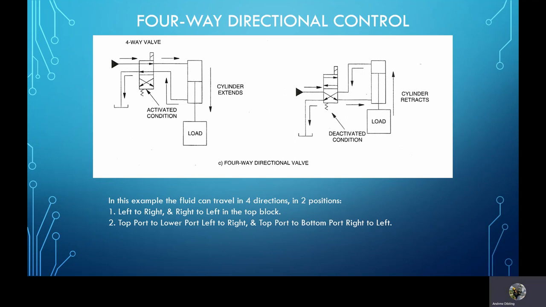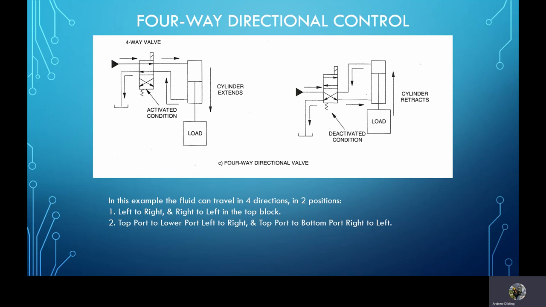Now going to the right-hand diagram, we see that in this case, the fluid is pressurized from the bottom block and goes from the top left of that bottom block to the bottom right of that bottom block and charges up the rod end, retracting that cylinder and pushing the load up.